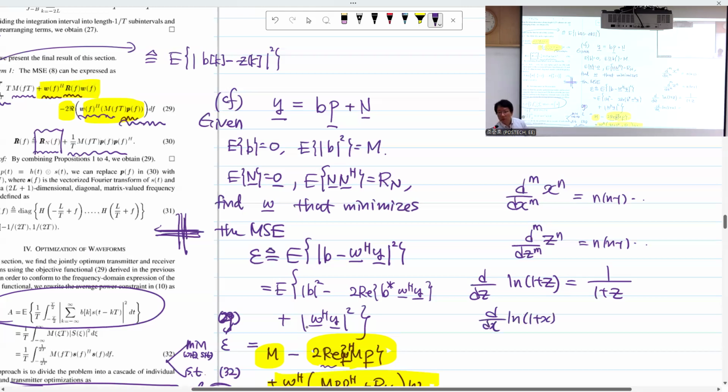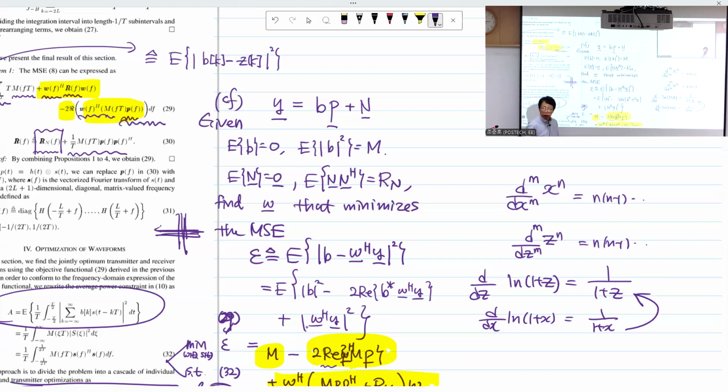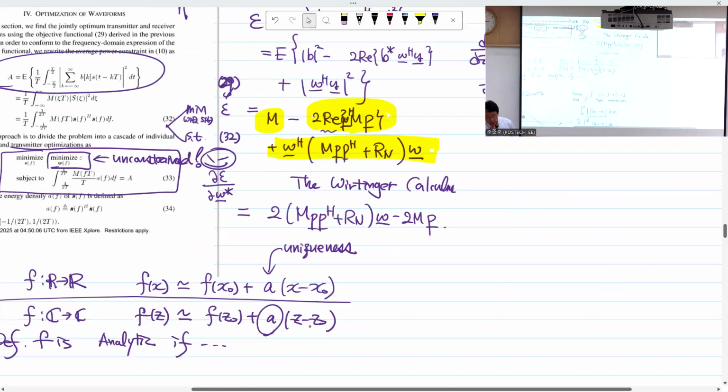For a real valued logarithmic function, this extends to that one. And why? Because the logarithmic function turns out to be an analytic function. Anyway, so you have found from here something like this.